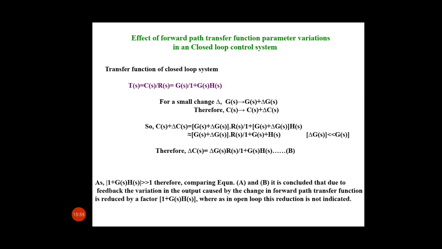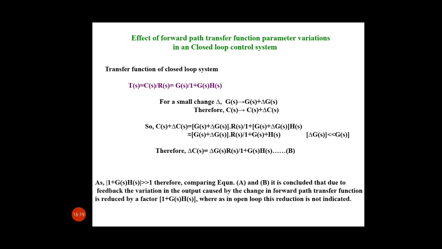So if GH is positive, then the total value 1 plus G(s)H(s) keeps on increasing, and if this is increasing, the total gain of the system is going to decrease.